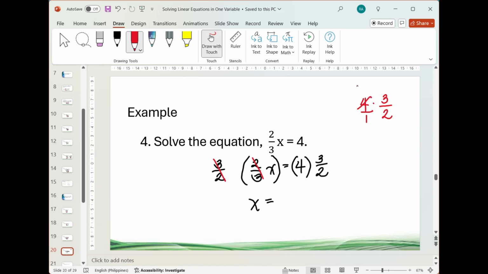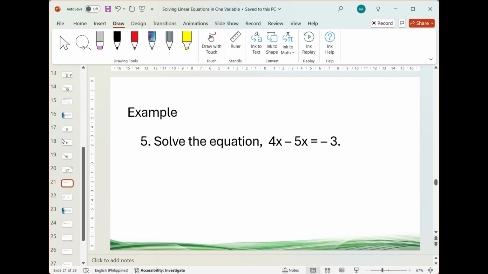So 4 divided by 2 is 2, and 2 divided by 2 is equal to 1. So numerator times numerator, 2 times 3 is 6. Denominator times denominator, 1 times 1 is 1. And 6/1 is just equal to 6. So ang sagot natin here is 6. 4 times 3/2, that is equal to 6. So therefore x is equal to 6.